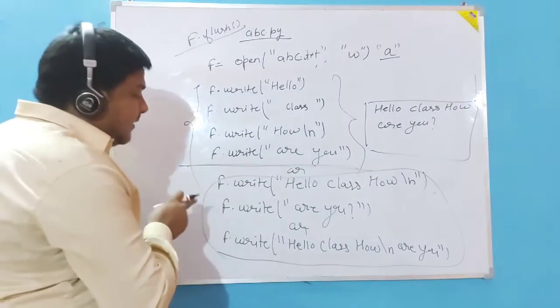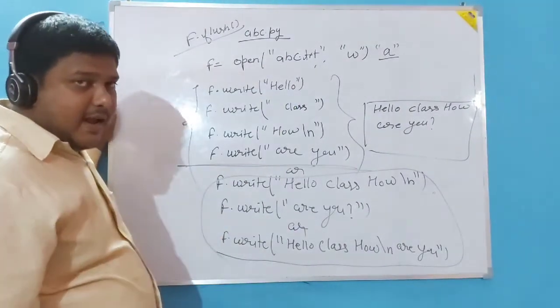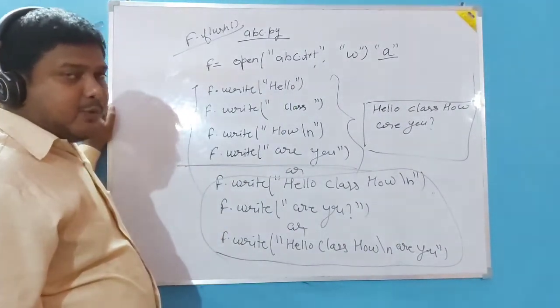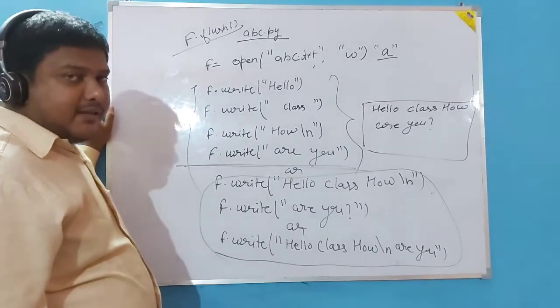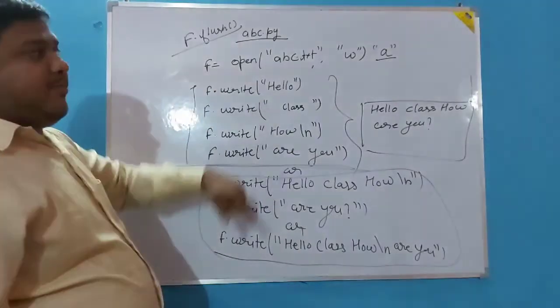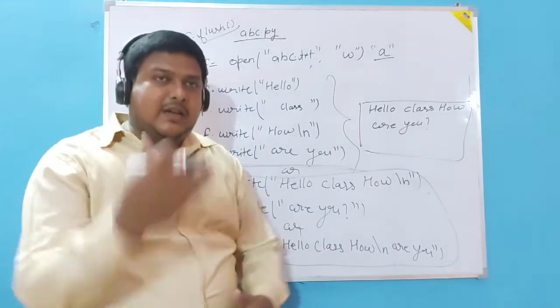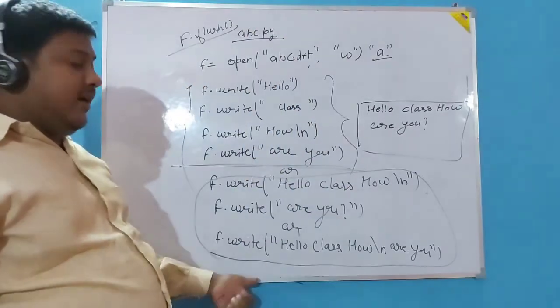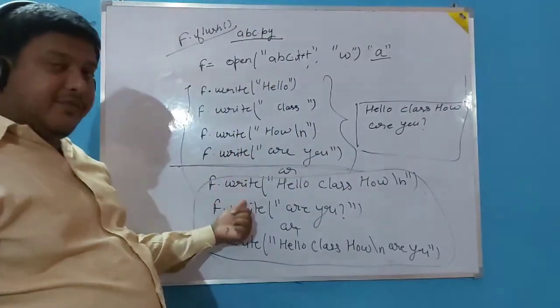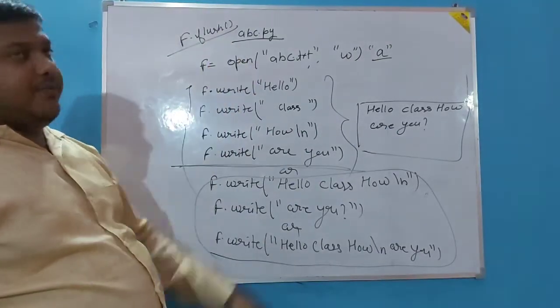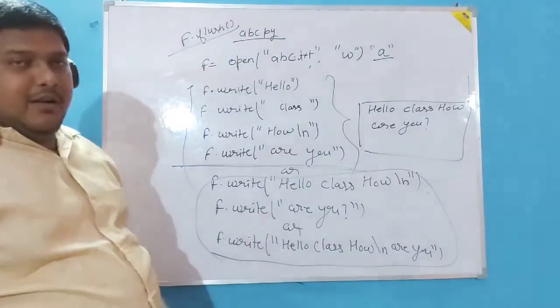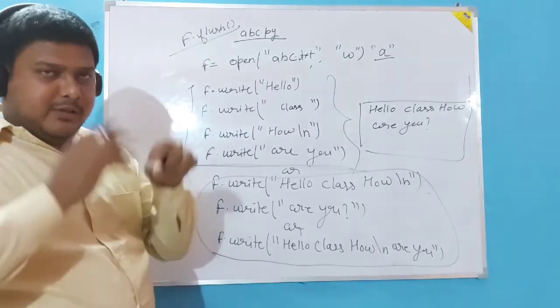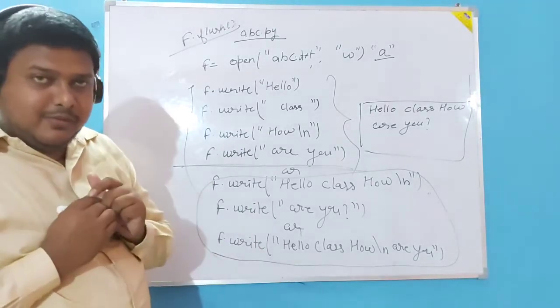So the content will be pushed to your file and the data will be written. Otherwise, when the program closes and Python clears the memory, at that time Python will write. If you want it to write immediately, then after the write function, every time you have to call f.flush. Then the data will be pushed into your file. That means it will forcefully write in your file.